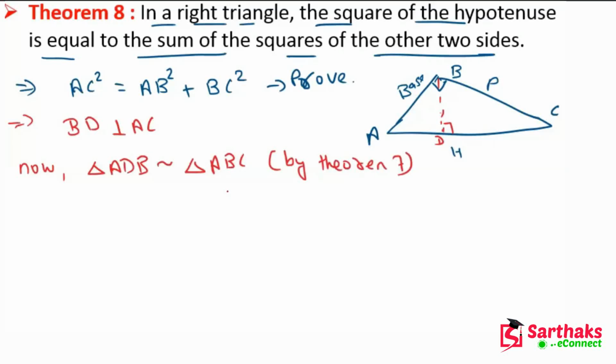So AD upon AB is equal to AB upon AC. I hope you understand these things. These sides are in proportion.